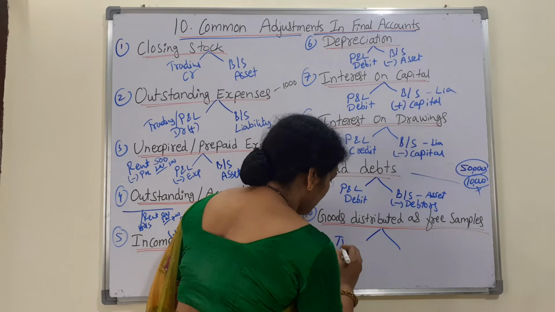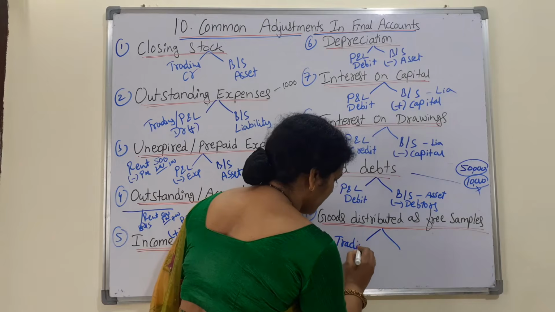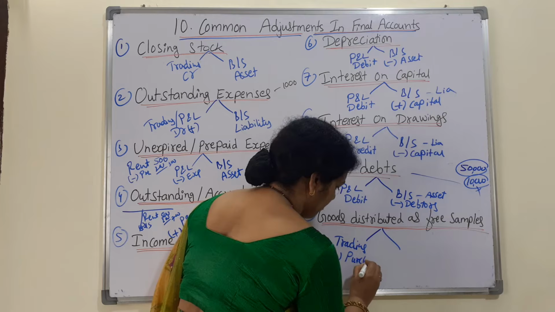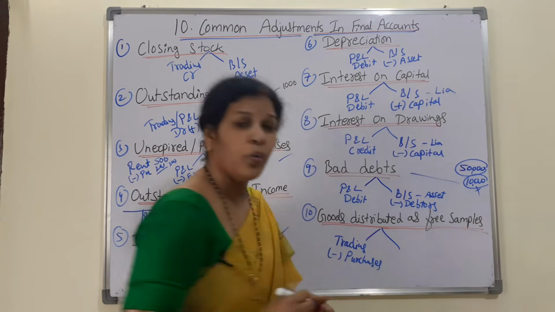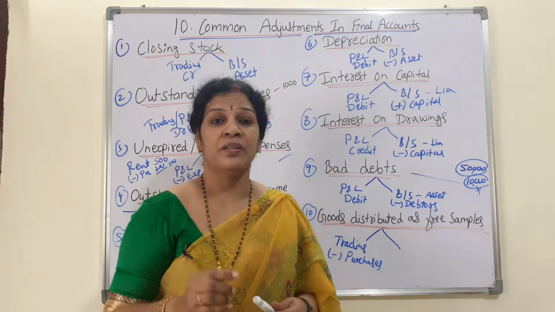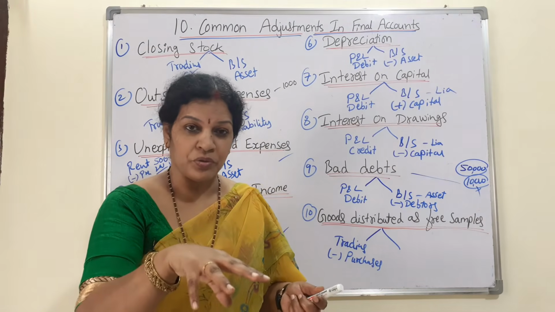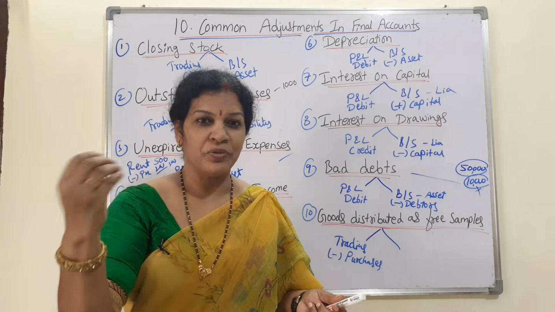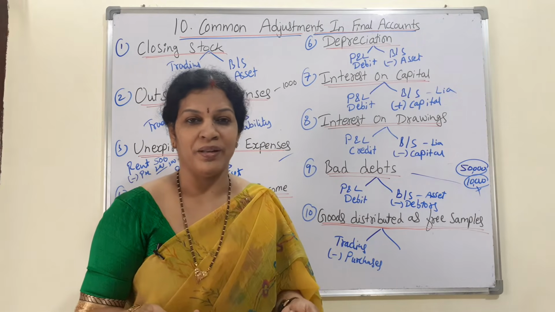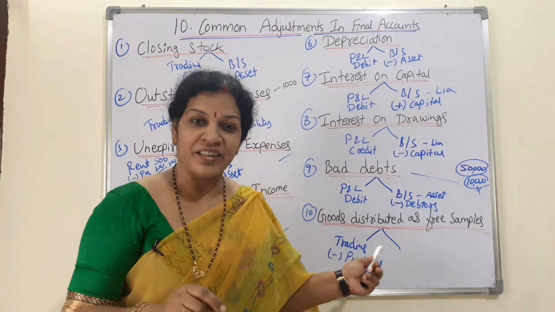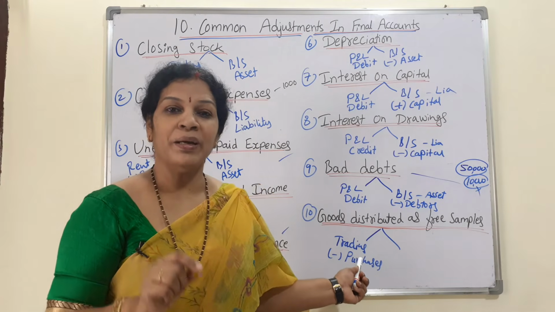One time in the trading account, deduct from the purchases. Why deduct from the purchases? Purchases means goods. Out of our goods, some goods we are distributing as samples, which means purchased goods are decreasing. That is the reason we have to deduct from the purchases.